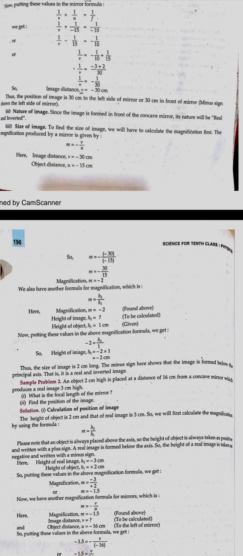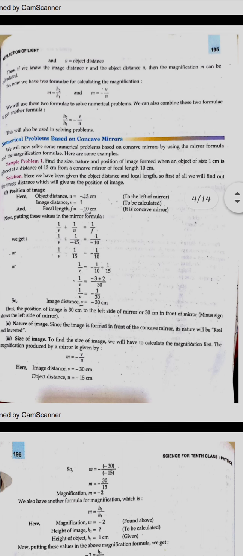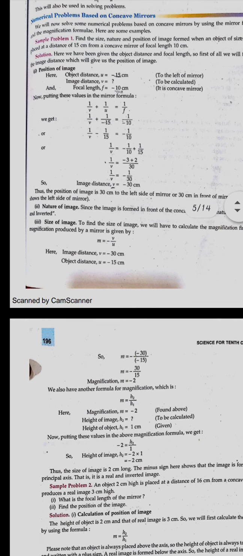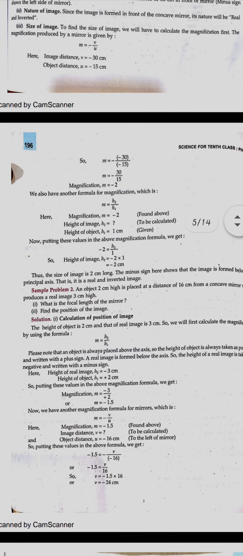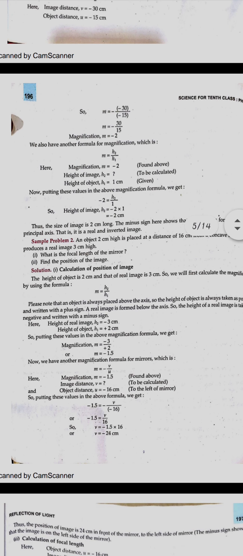So this negative shows that the image formed is a real image, and it will be inverted. Similarly, to find the height, we will use the magnification h2 upon h1. We have seen that the object is of size 1 centimeter in the question, so we will keep h1 as 1 centimeter, and h2 is what we have to find out. We already got m in the first equation, using minus v by u. Putting in the value minus 2, we get h2 as minus 2 centimeter.